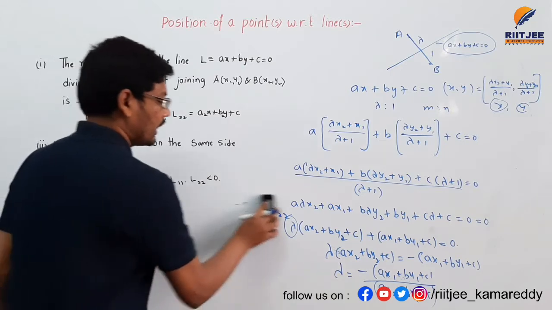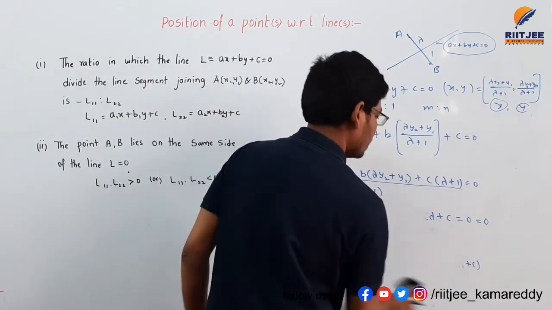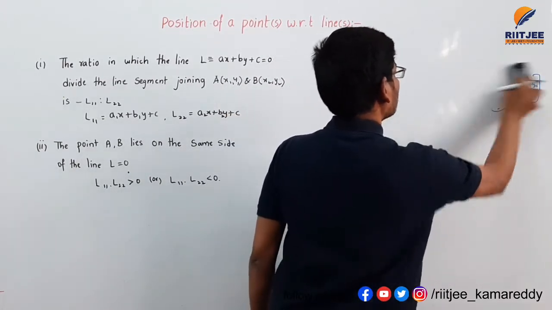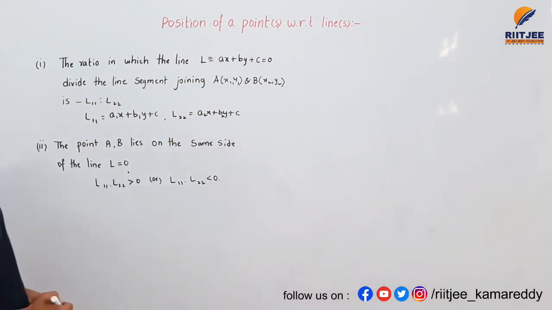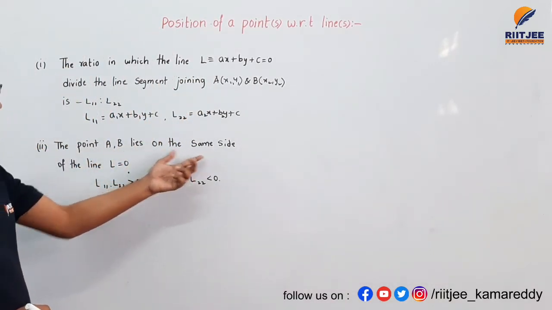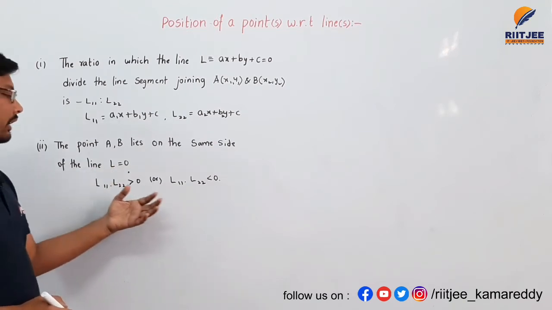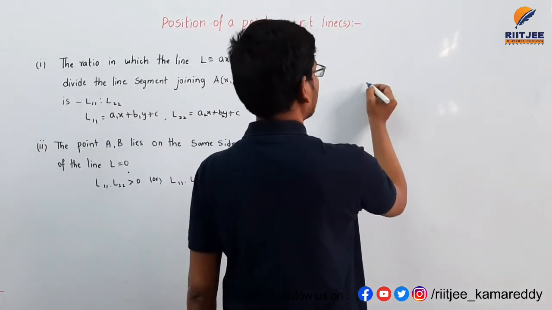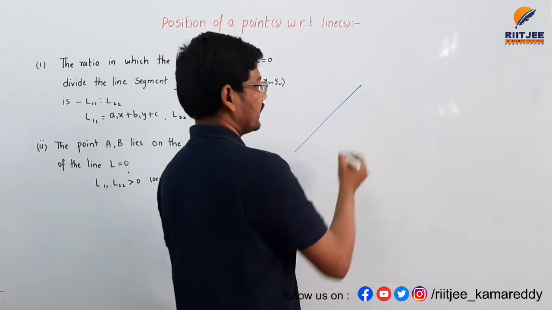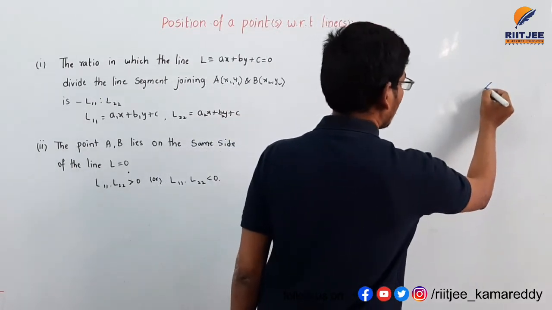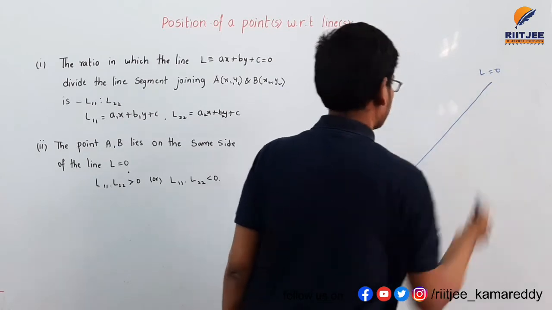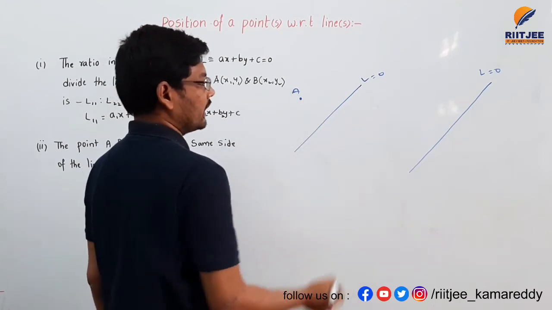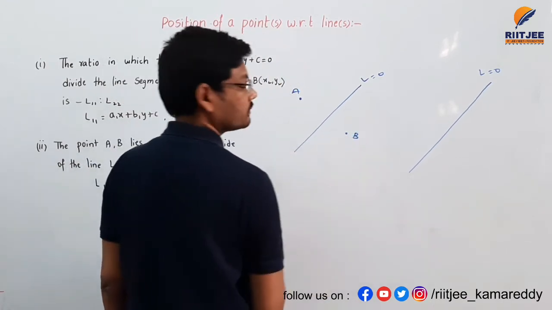This is the condition and this is the proof. Now the second point: if the points A and B lie on the same side of a line L = 0, L11 into L22 is greater than 0. So I am taking two cases here. This is the line L = 0, and this is one more line L = 0. I am taking the first point A on one side and the second point B on the other side.